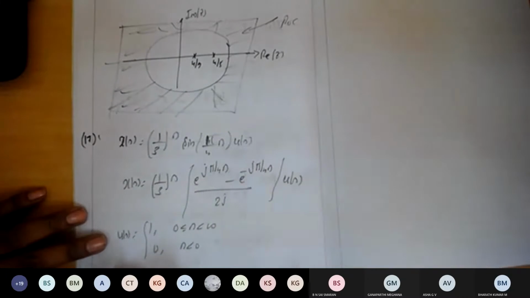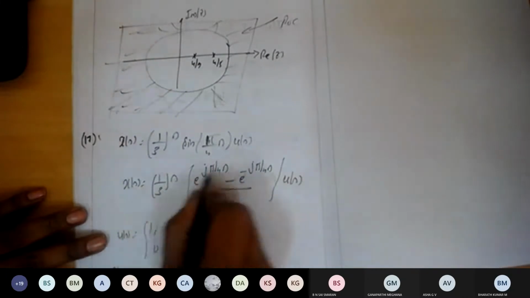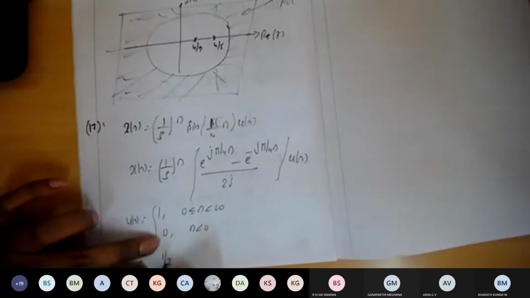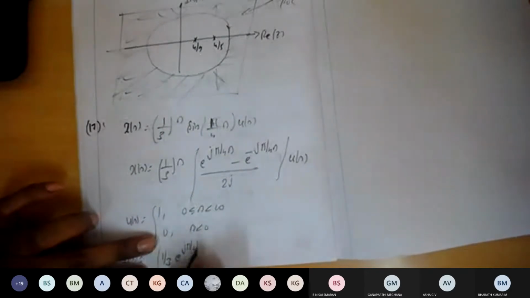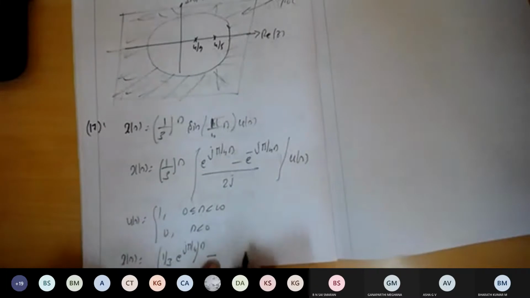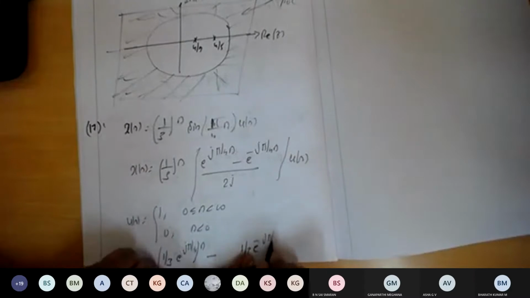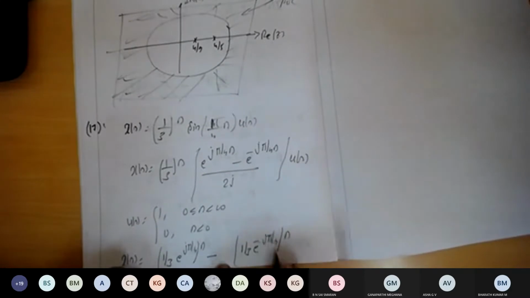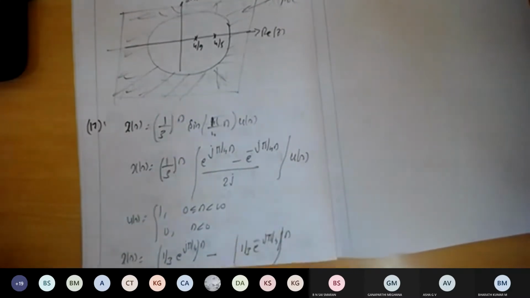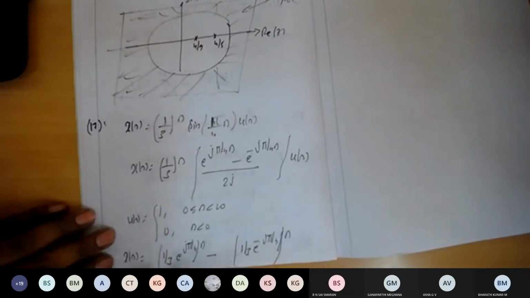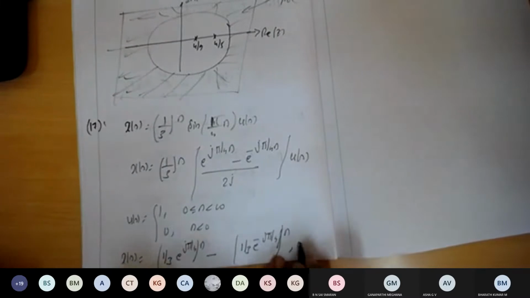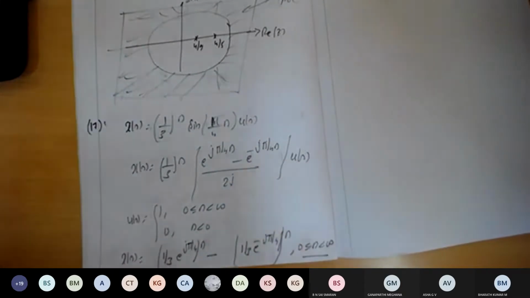So x of n can be written as 1 by 3 e to the power of j pi by 4, all to the power of n, minus 1 by 3 e to the power of minus j pi by 4, all to the power of n, where n takes values from 0 to infinity.